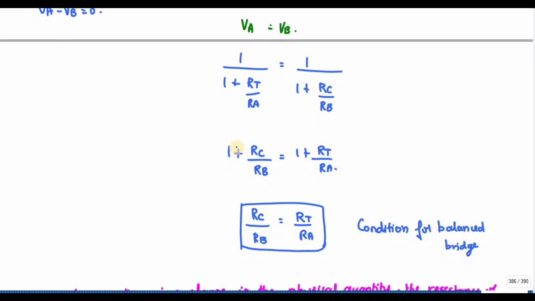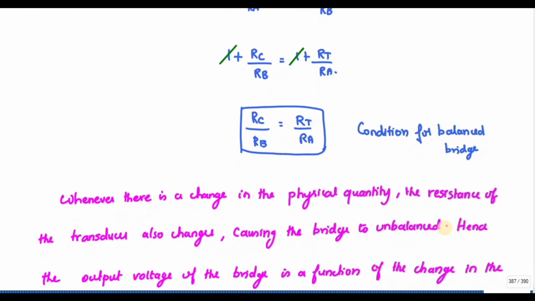So I can write RC divided by RB is equal to RT divided by RA. So this is the condition for the balanced bridge. This is nothing but the Wheatstone bridge.